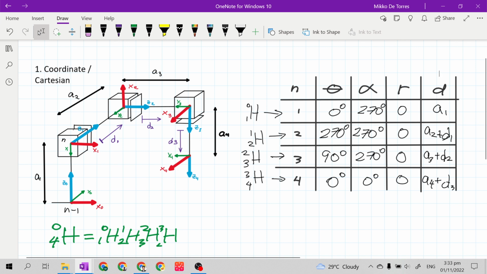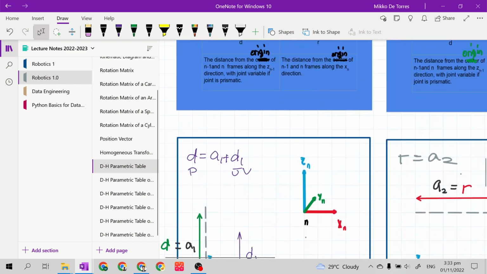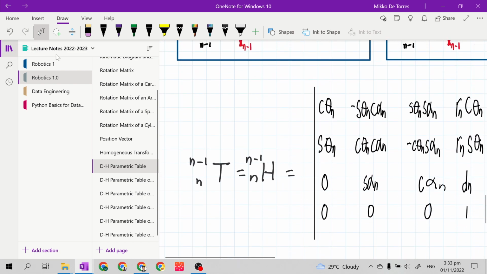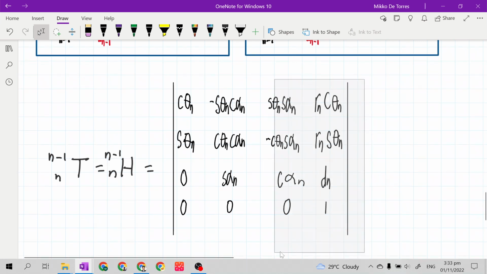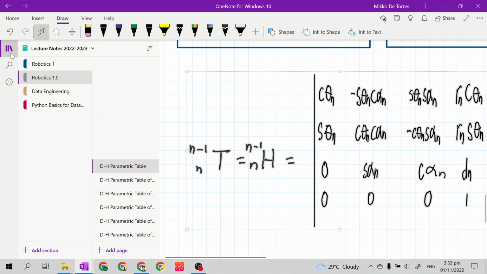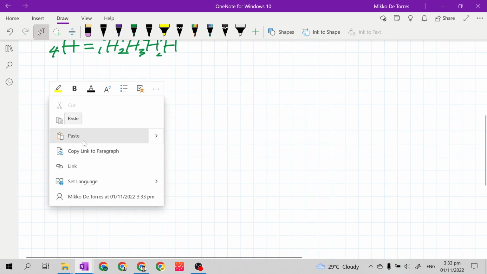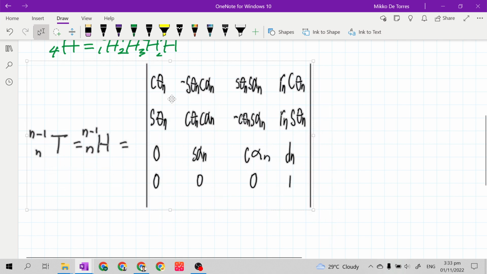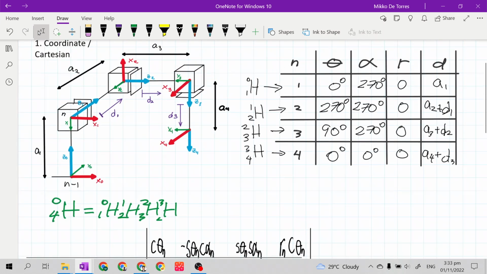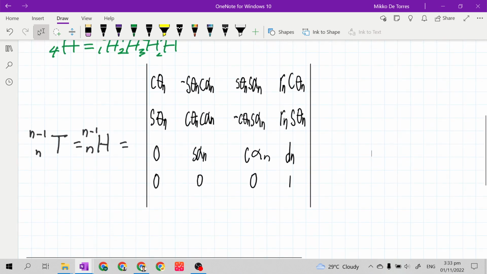So after this, we will plug it into our standard formula of the homogeneous transformation matrix as a step for DH notation. Okay, let's get the formula. So how do we convert this parametric table into homogeneous transformation matrices?